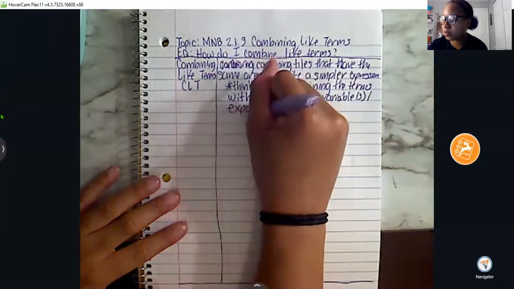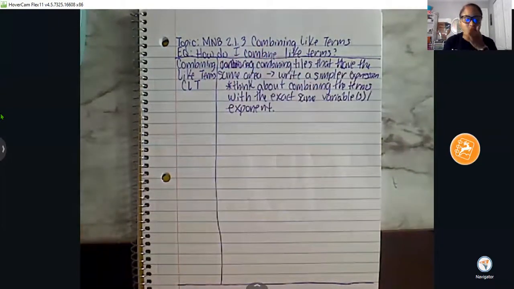So you need to look at which tile looks like the one that you're looking to match with. And then that should be the tile that you combine.